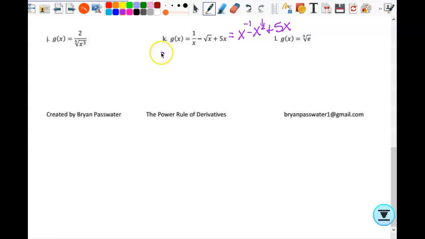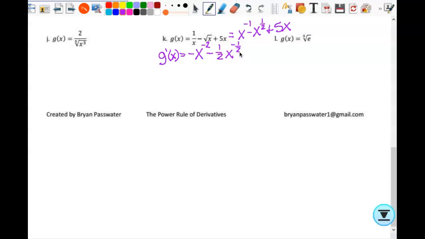Okay, so we're going to do g prime of x. That's equal to. So negative 1, I multiply out in front, and I get negative x. What does my exponent become? Negative 2. I take the 1/2, multiply it in front, I get negative 1/2 times x to the what? Negative 1/2.